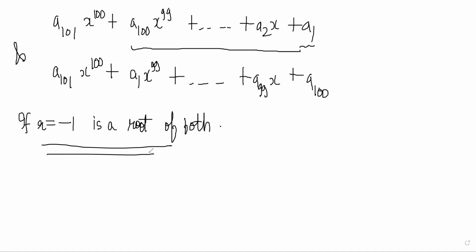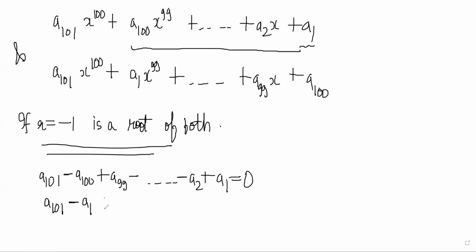So if r equal to -1 is that root, then from the first one we get a101 minus a100 plus a99 minus and so on plus a2 minus a1 is 0, and from the second one we get a101 minus a1 plus a2 and so on plus a99 minus a100 is equal to 0, right?